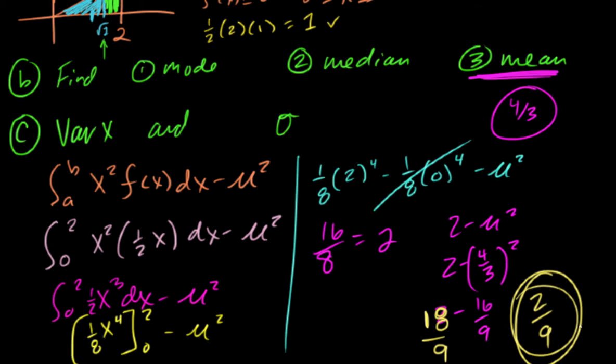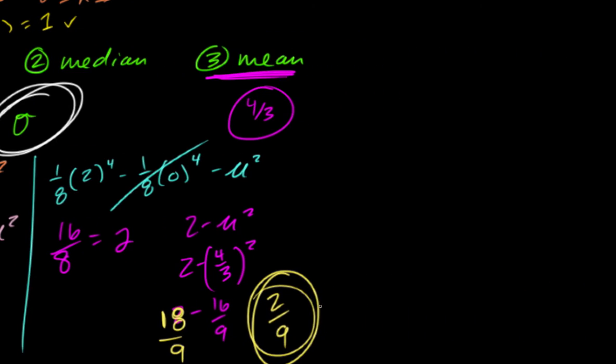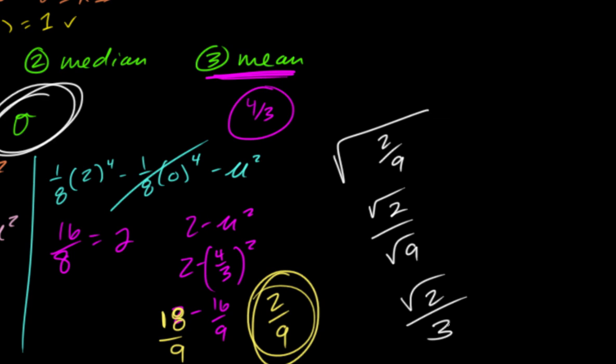Okay. And then when we're finding the standard deviation, all we have to do is take the square root of the variance. So the square root of 2 ninths becomes the square root of 2 over the square root of 9, which is the square root of 2 over 3, and that's our standard deviation.